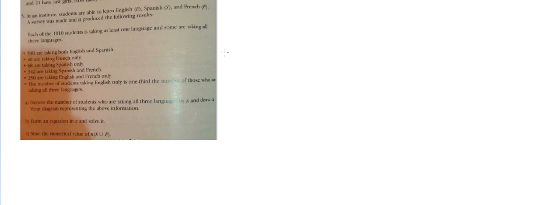There are 1,010 students, and all are taking at least one language. There's no student who is not taking a language, and some are taking all three languages.